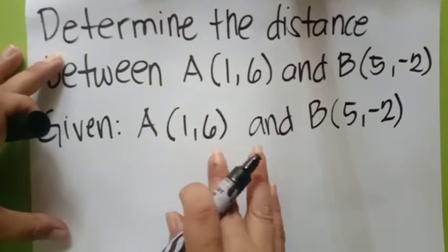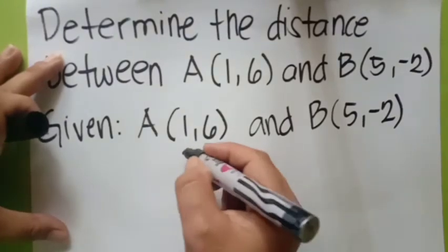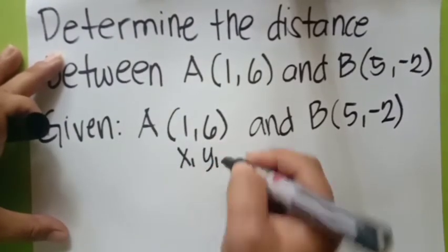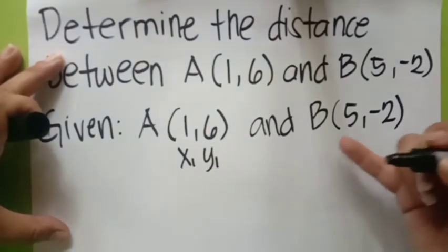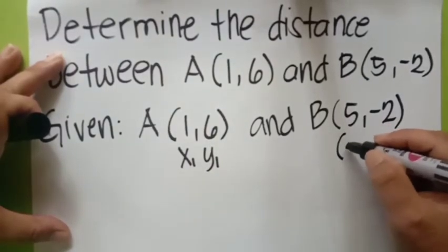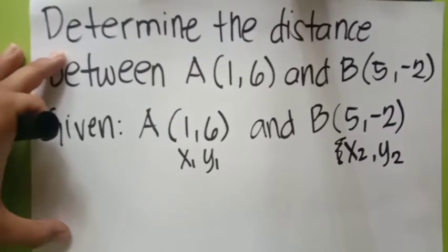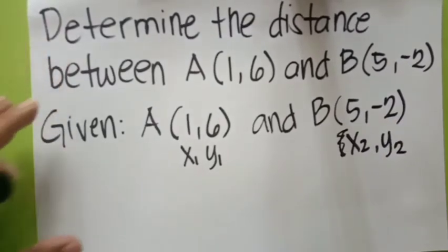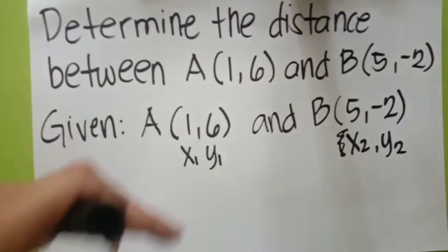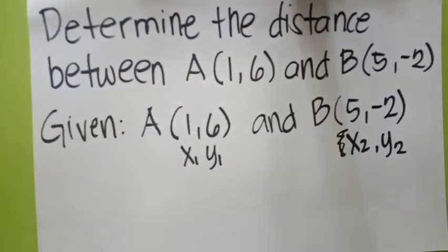So, yung 1, 6, that will be our x sub 1, y sub 1. And then, yung B(5, negative 2), that will be our x sub 2 and y sub 2. Para kapag nag-plug in na tayo dun sa distance formula, madali nyong makikita.